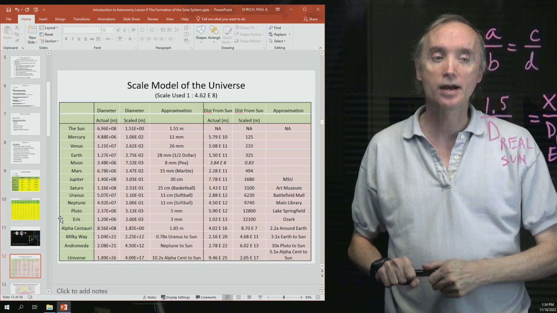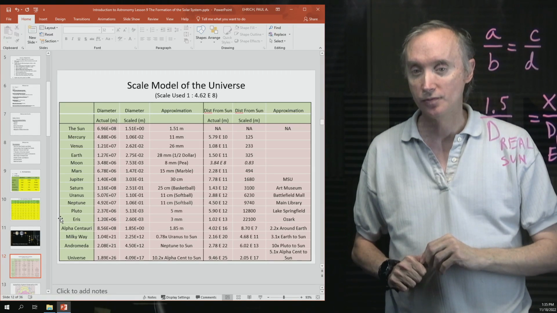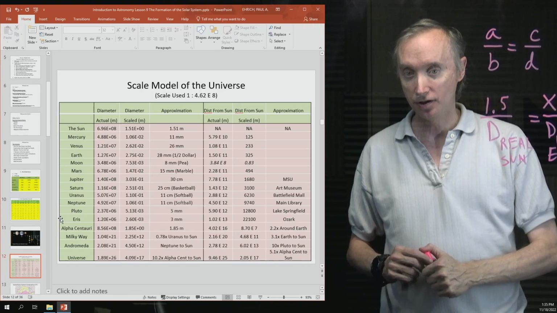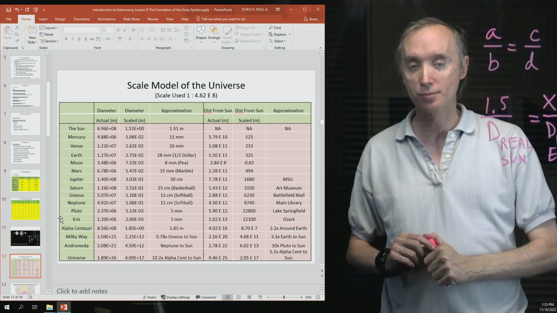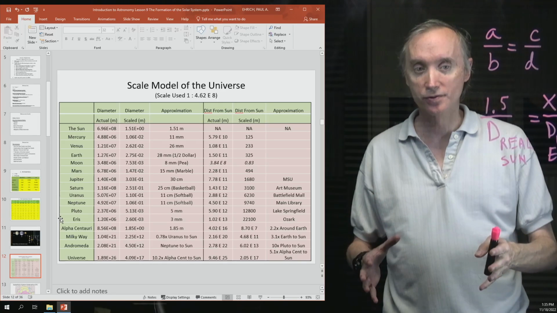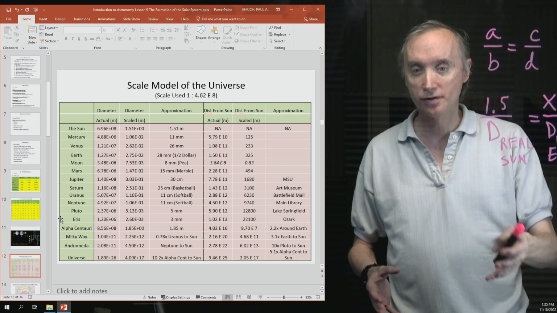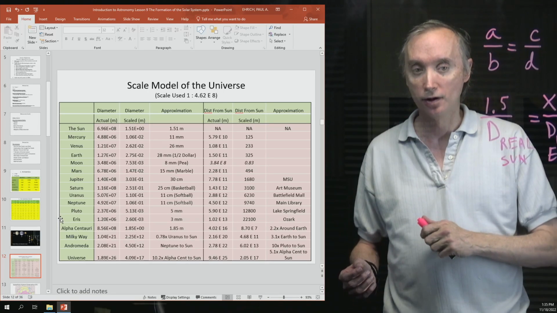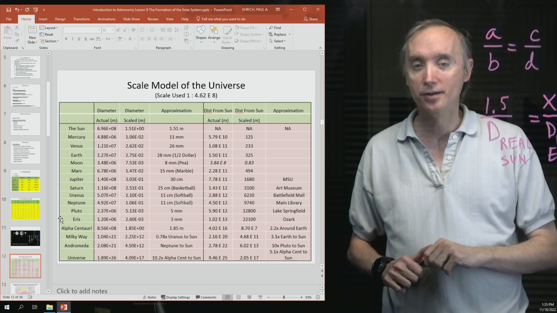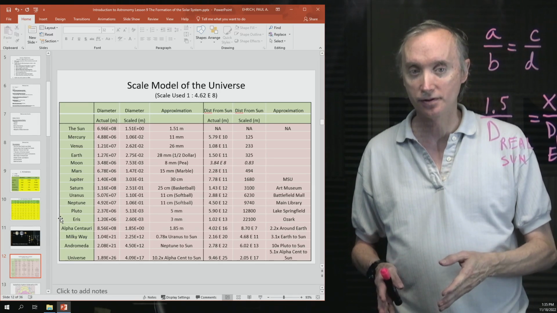And then I also calculated how far away it would be. So this scale model is centered on Ozarks Technical Community College in beautiful Springfield, Missouri. And so I said that the sun was located on our campus, and then the rest of the planets orbit around OTC the way they should. But where would then be the location of the Earth in comparison to that?